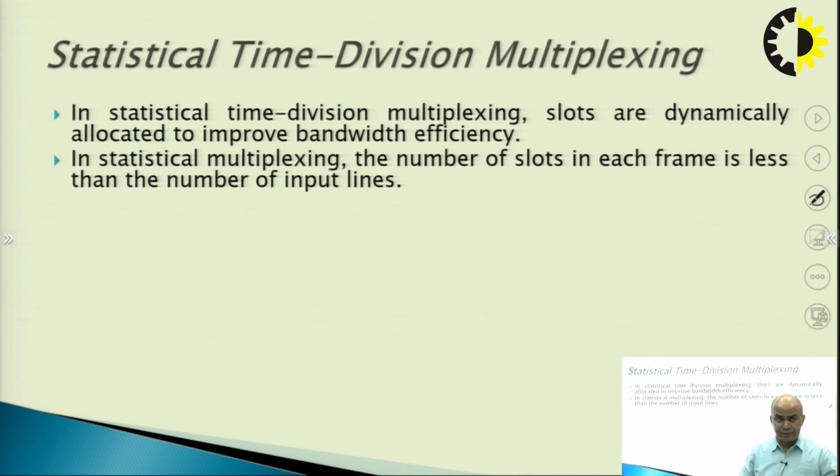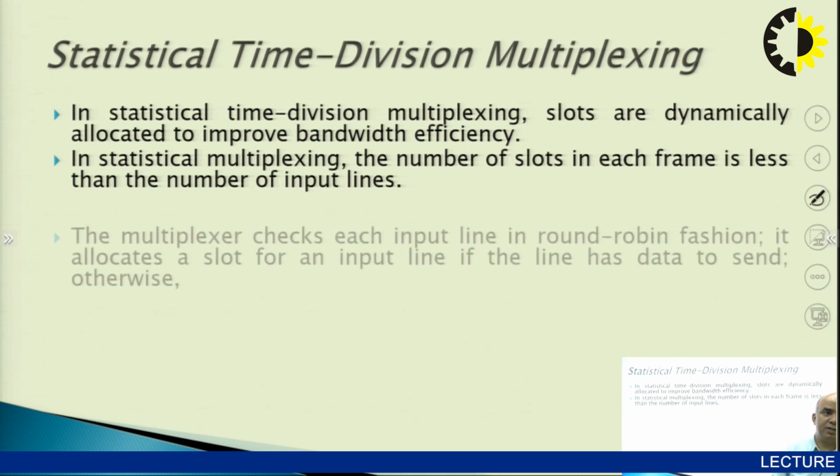Instead, the address from which the data is generated and where it has to be sent is added to each time slot.